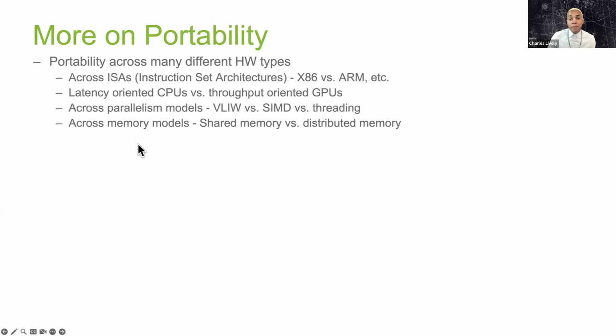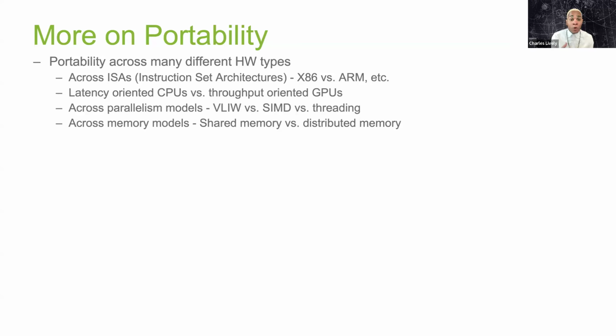And so when we make considerations about portability, we want to consider the different instruction sets that are going to be used. Is it the ISA, is it x86 based or ARM based? Also understanding the different limitations for CPUs versus GPUs.